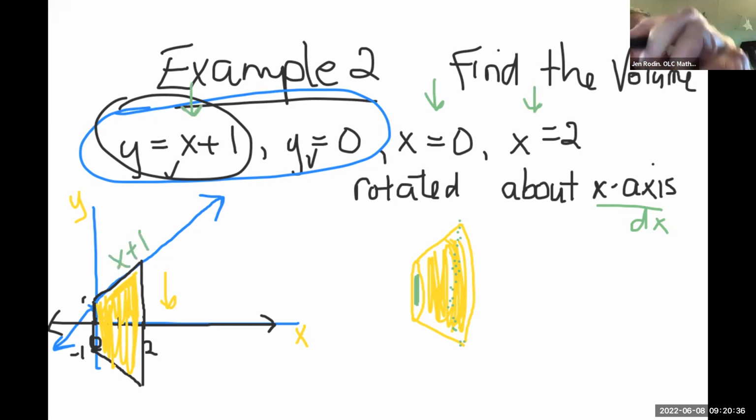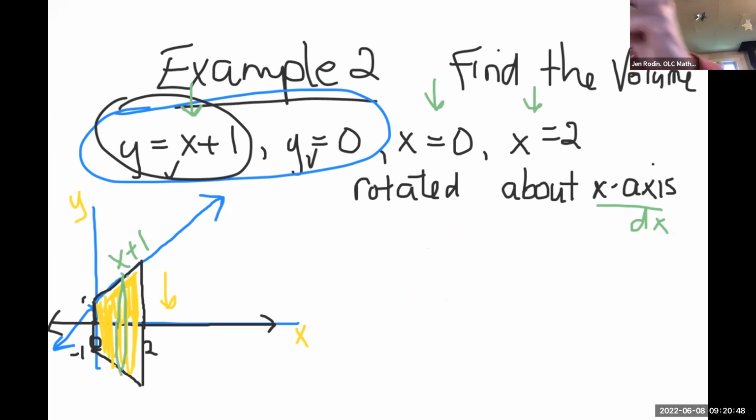That's the radius of each disc if we were to cut them up into discs like CDs. So that's going to be r. I'll write it right here. For the radius, it's going to be x plus 1. So for pi r squared, the area of the circle, r squared is going to be x plus 1 squared.